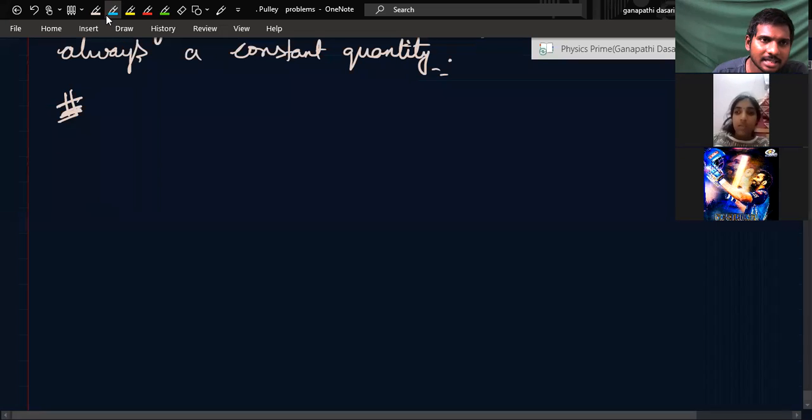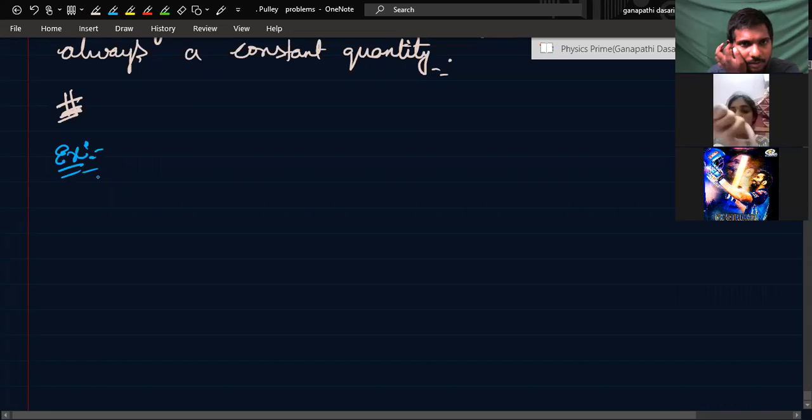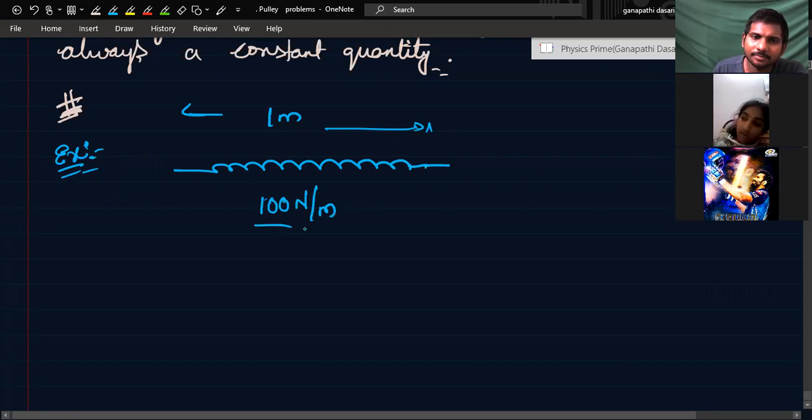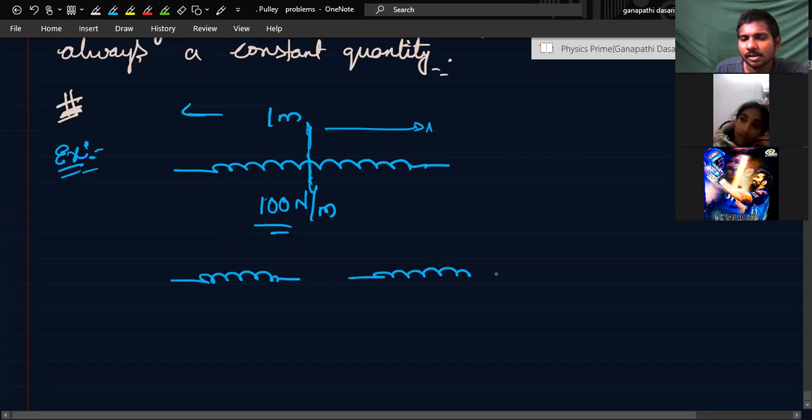Suppose, for example, there is a spring of 1 meter natural length, and its spring constant is 100 Newton per meter. If the same given spring is cut into two parts, there will be two springs. What is the spring constant of these two springs?